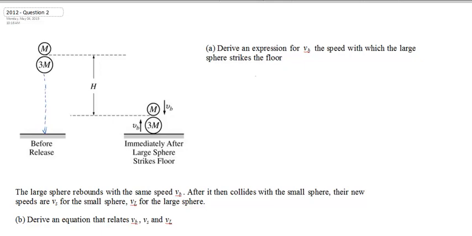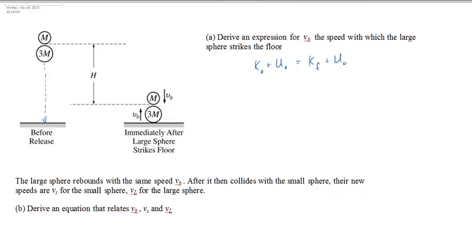I'm going to say that the initial kinetic and initial potential is equal to the final kinetic and the final potential. If I call the ground 0, then that final potential is 0. And it tells us that they're dropped from rest, so the initial kinetic is 0.